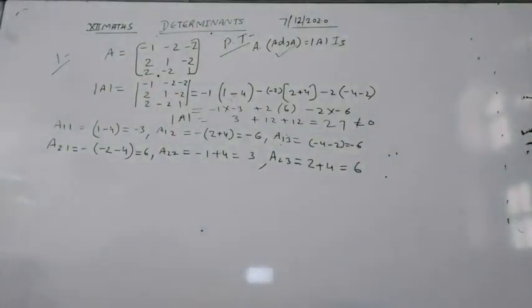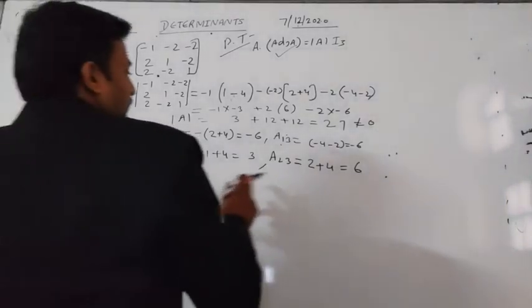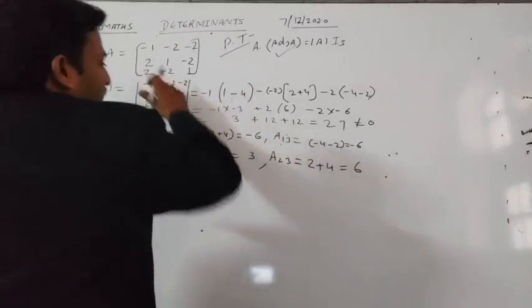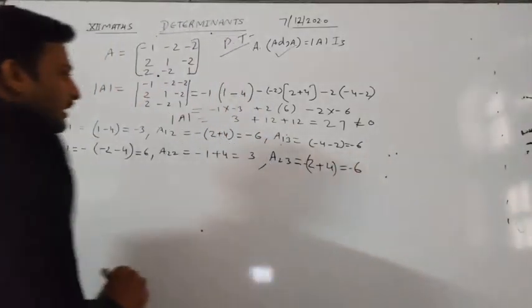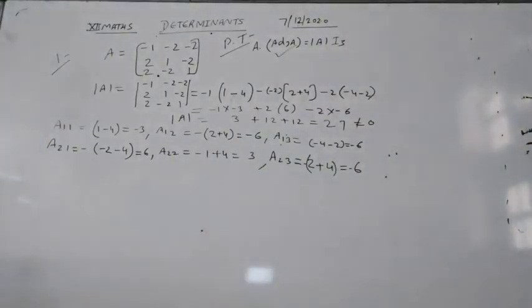So our A21 is 6, and A22 is 3, and A23 is, this is cancelled, this will be with negative sign. So here will be minus 6.